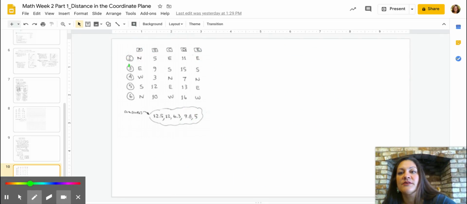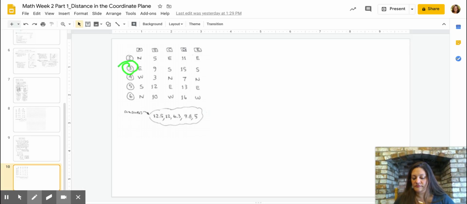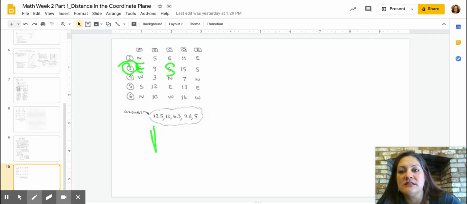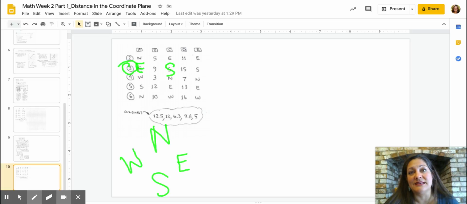Okay, number 3. So we're going to go east. I'm going to preview. So I see that we are going east and south. So that means north and west. We're going to go to the right and then down.